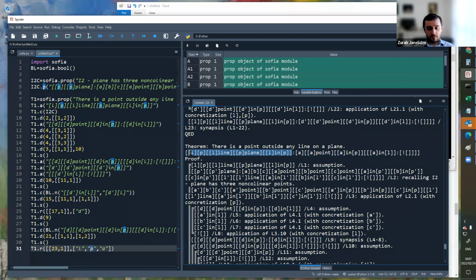So there exists an L and a P, where L is a line, P is a plane, and L lies on P. So every time I have a plane and a line lying on it, so that existence of this L and P implies existence of a point A, right? So A, that's a point that lies on P, and the fact that it lies on L is false. In other words, the fact that it lies on L implies fallacy.